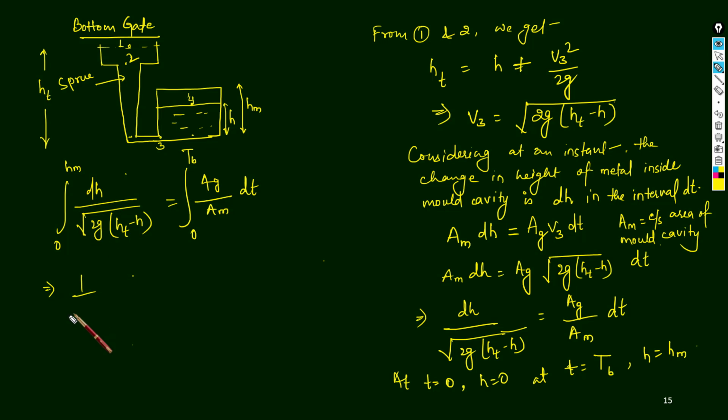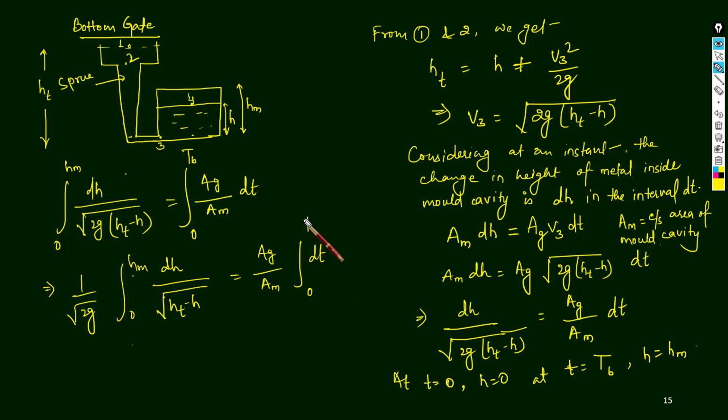So 1 by root under 2g we have to take out. What will remain is the integration of dh upon root under ht minus h from 0 to hm.